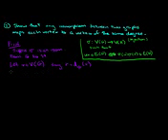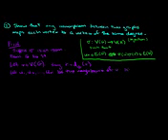We're going to let the neighbors be U1, U2, up until UR, the neighbors of V in G. So in other words, within the graph G, we have some vertex V, any vertex. It has some neighbors, and those are U1, U2, and keep going until you get to UR.